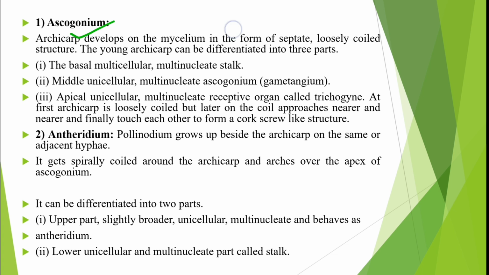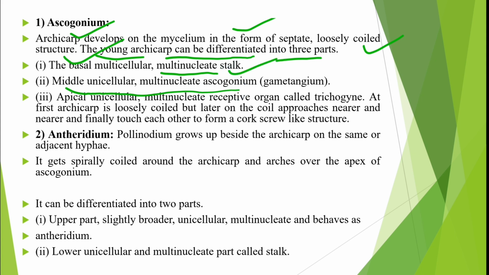The archicarp develops on the mycelium in the form of a septate, loosely coiled structure. The young archicarp can be differentiated into three parts: a basal multicellular or multinucleate stalk, a middle unicellular multinucleate ascogonium, and an apical unicellular multinucleate receptive organ called trichogyne.